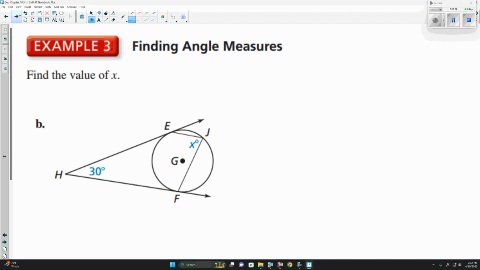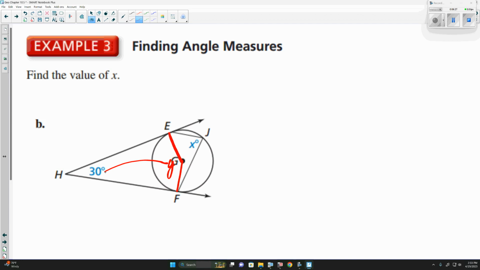Is x a central angle? It's an inscribed angle, yes? Now, EGF, this here would be the central angle, yes? So whatever this measure is, we can call it y. Y and 30 would add together to be 180, yes?